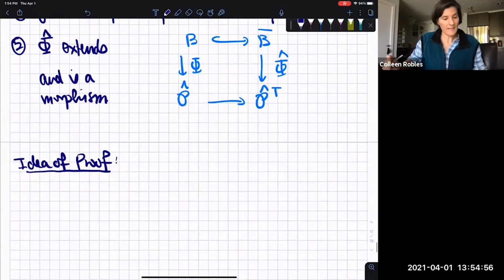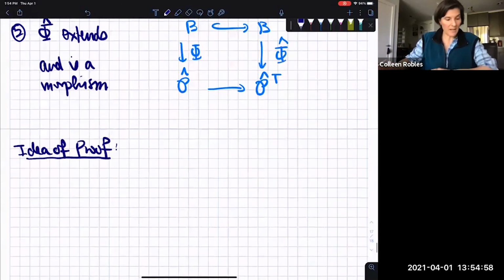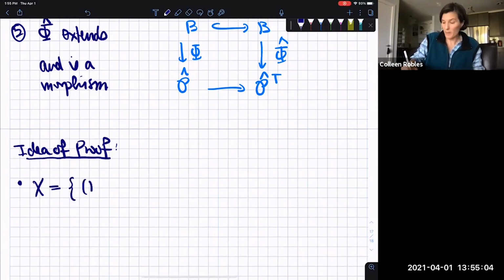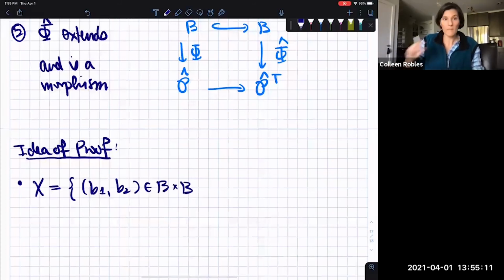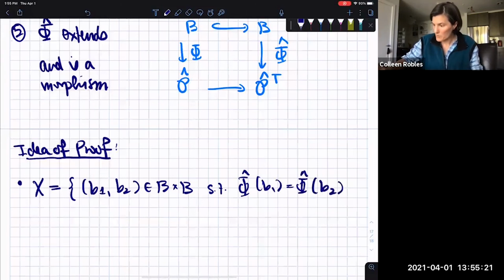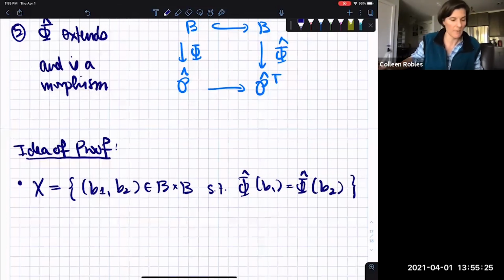So the idea of the proof, or the outline of the proof, is the following. We're going to look at the set of all pairs B1 and B2 inside B cross B so that they have the same image under this period map that we're trying to complete, this Stein factorization period map with the connected fibers.